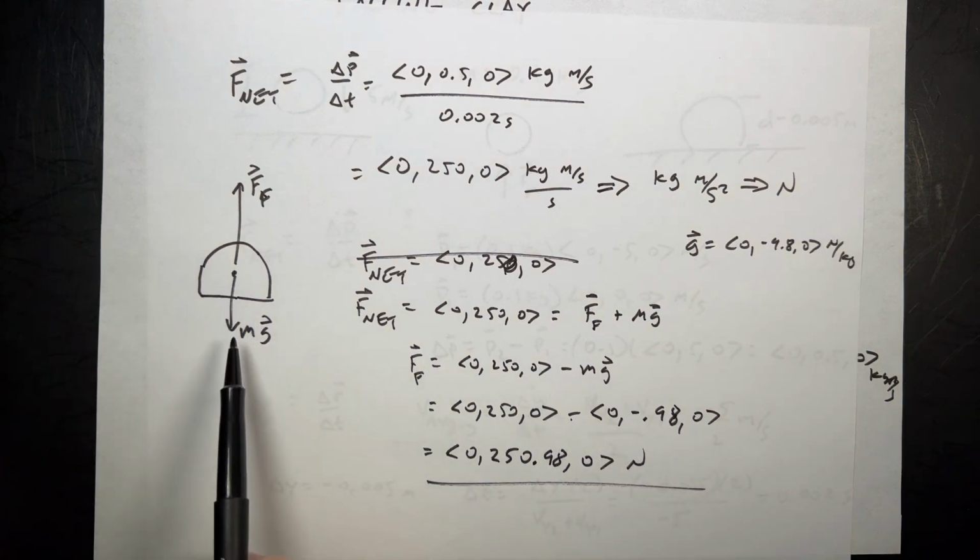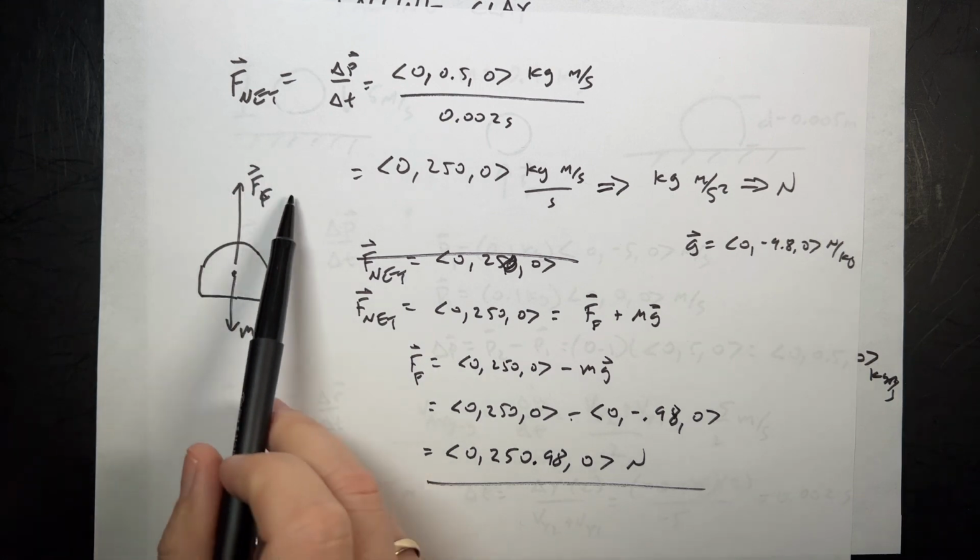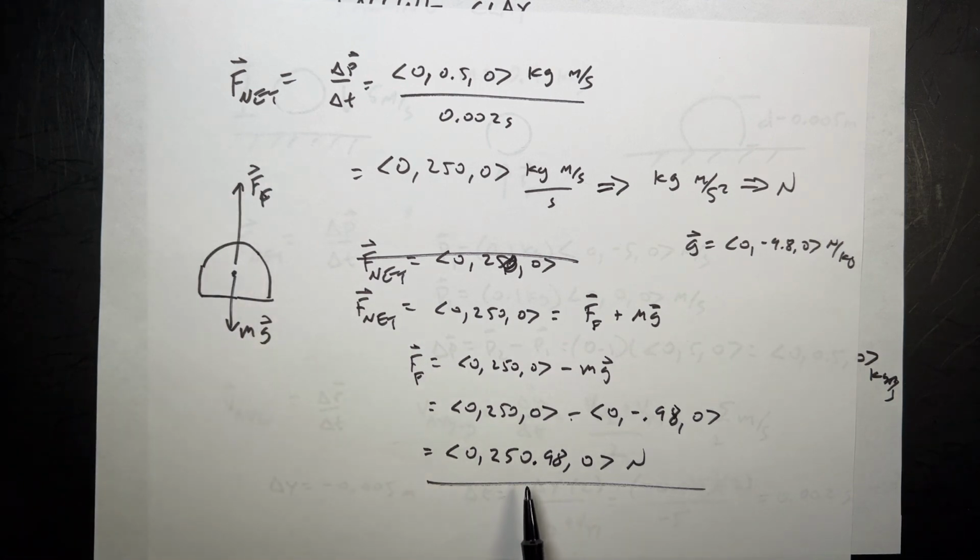During this collision, there is a gravitational force on it, but because the change in momentum takes such a short time, the force from the floor is so much greater than the force of gravity. In fact, if you ignored gravity and just said the force of the floor was 250, that wouldn't be a bad idea. It would work fairly well. Now, if the collision took place over a longer distance, then it would matter. But in this case, that's the impact force of the floor. We didn't even know the time, but we could figure it out by using average velocity, and that's the key.